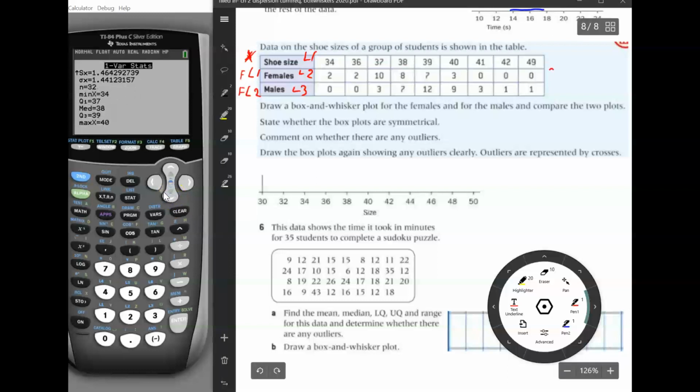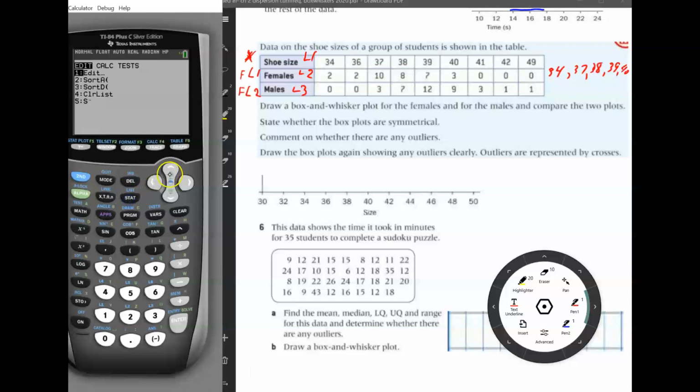So it's going to be 34 is the minimum, 37 is Q1, 38 is the median, 39 is Q3, and 40 is the maximum. And then I'm going to do the same thing for the second set of data.